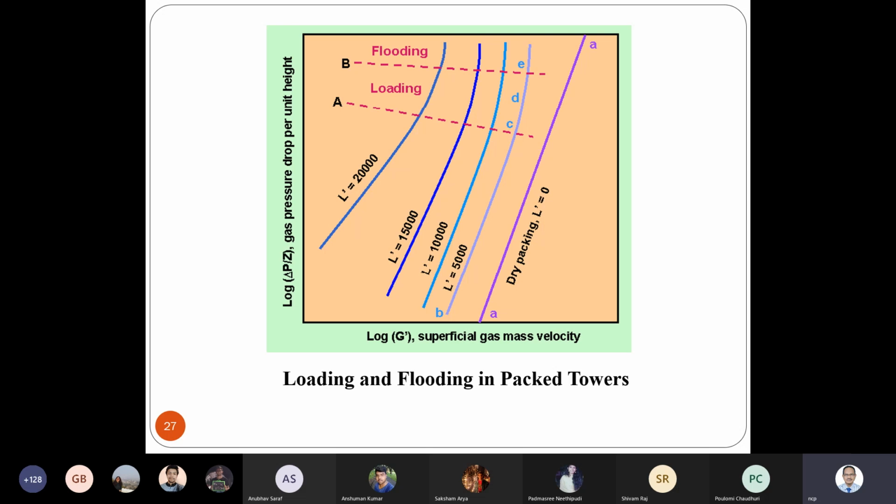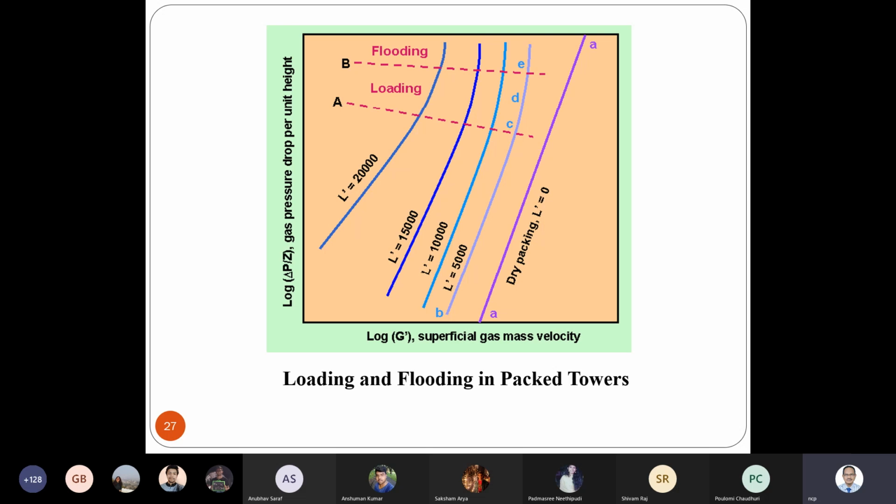But still we'll see that at some high gas velocity, when the gas velocity is increased, the liquid hold up in the tower increases gradually with increased gas velocity, and this is called loading.